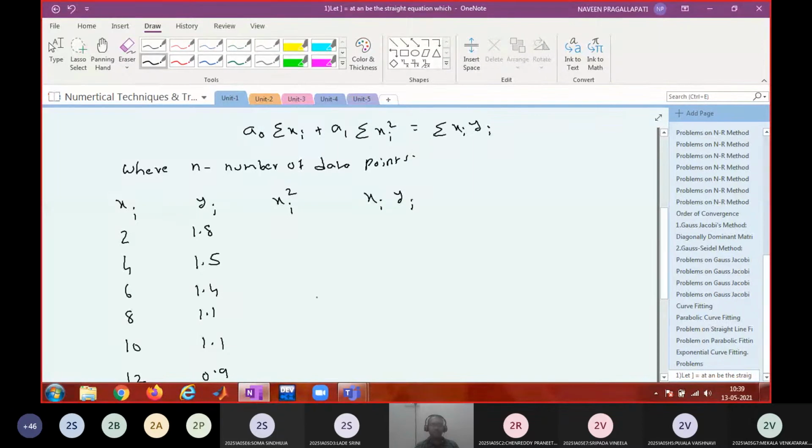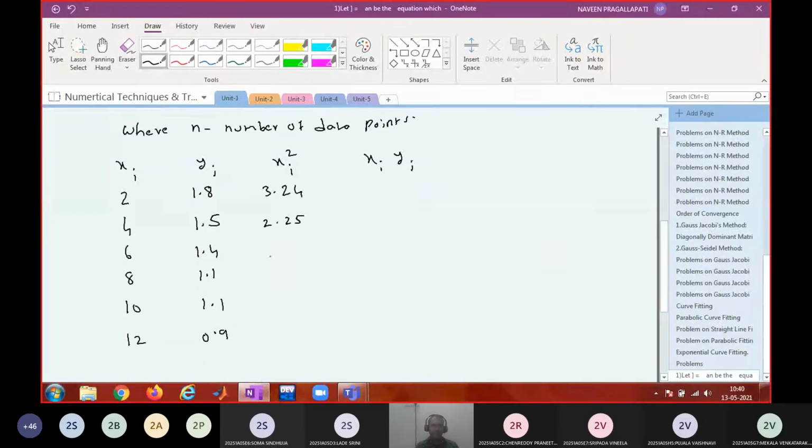Tell me those values. What is 1.8 square? 3.24. 1.5 is 2.25, yes. 1.4 is 1.96, I guess. This is 1.21, 1.2, 0.8. Am I right? What about xi into yi?